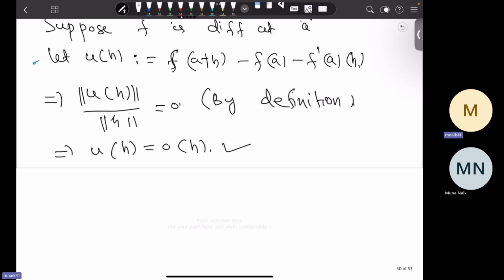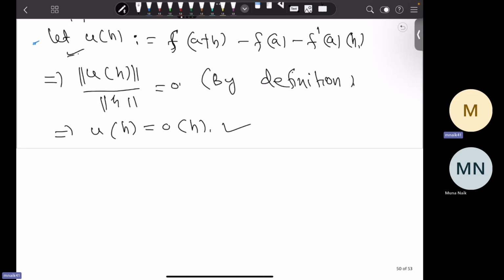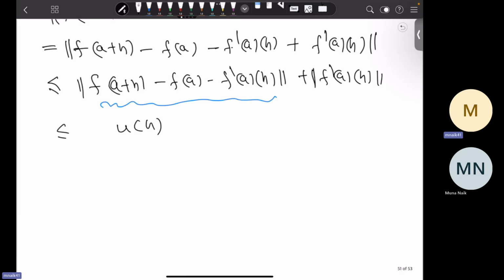What is u(h)? u(h) is given here: f(a+h) minus f(a) minus f prime(a)h. So this is the norm of u(h). Now the second term is less than or equal to the norm of f prime(a) times the norm of h. This is the thing.